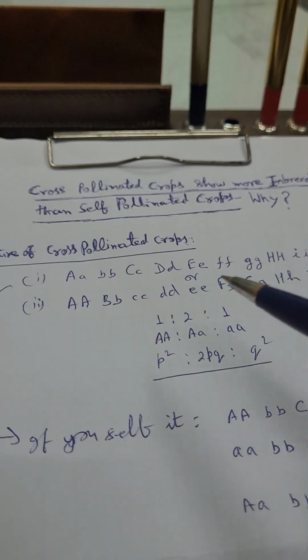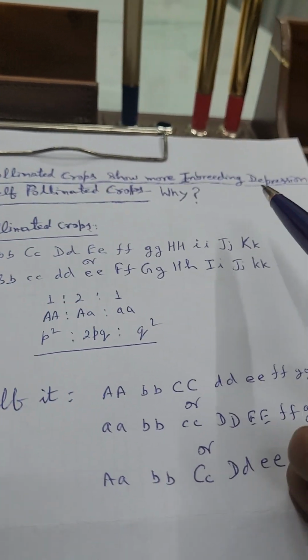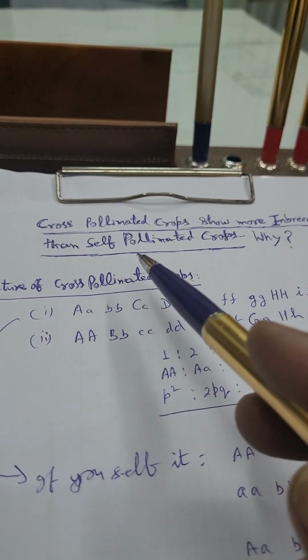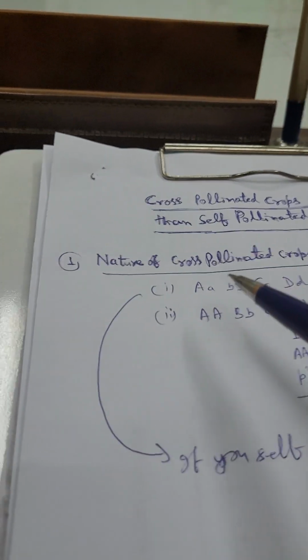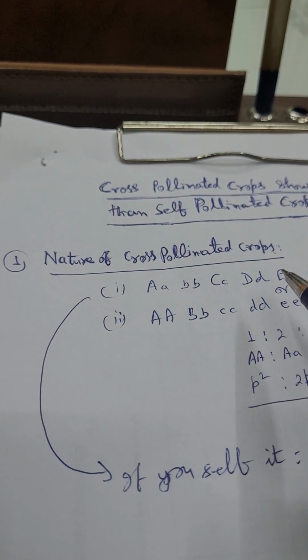The question is: cross-pollinated crops show more inbreeding depression than self-pollinated crops. Why? Now you see the nature of cross-pollinated crops. What is the nature of cross-pollinated crops?